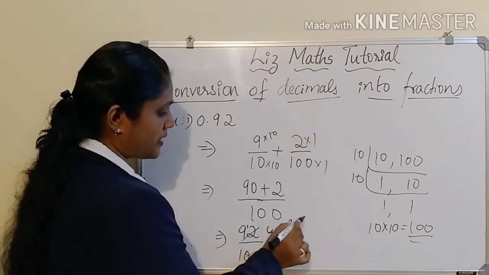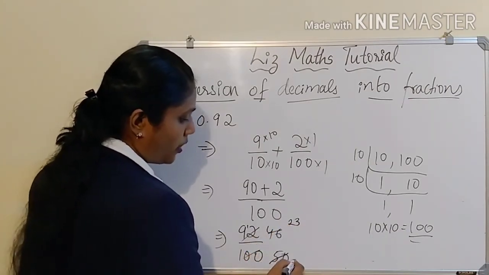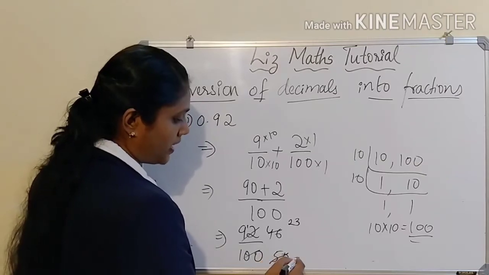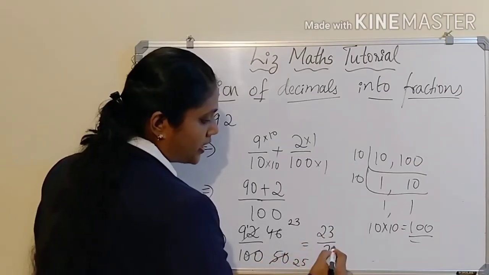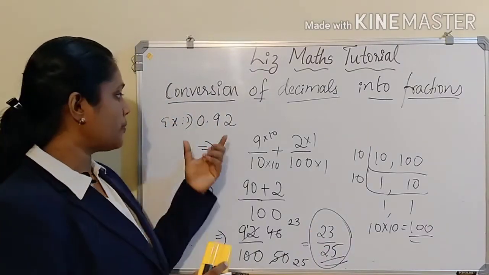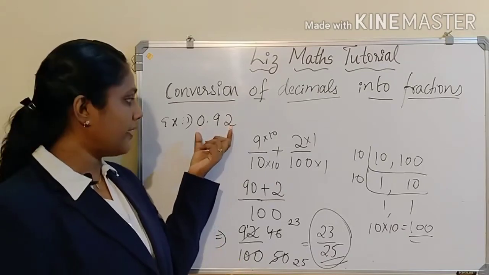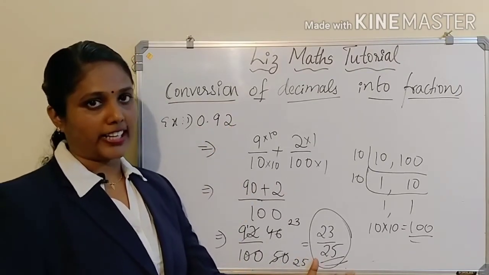Then again 2 2s are 4, then 6 is remaining, 2 3s are 6, and 2 2s are 4, 1 is remaining, 2 5s are 10. So what is the final answer you are getting? 23 by 25. See, this is in the form of a fraction. So we have taken a decimal and converted it into a fraction.